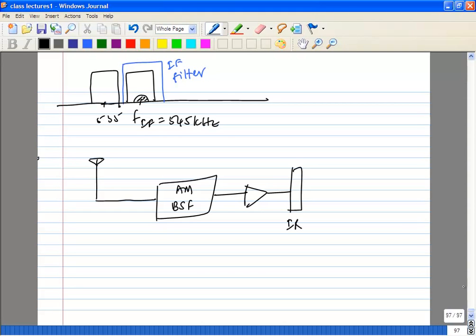So in this case, you can have some extra image reject filtering if your band select filter does not remove it completely. It's optional, okay? You have your mixer. And so on. This is your IF amp. Okay? So this is a fixed filter.